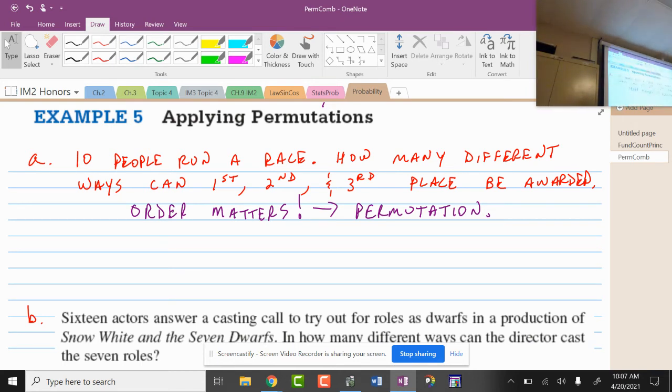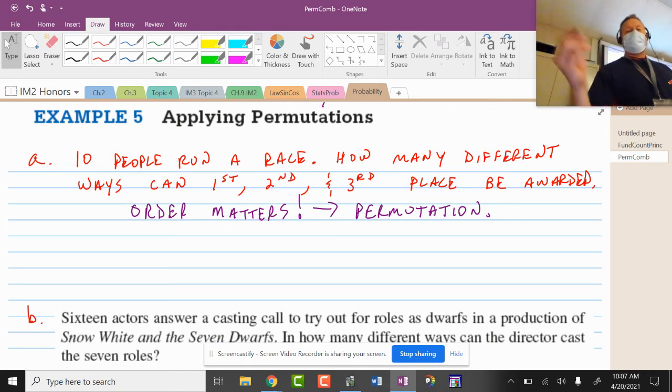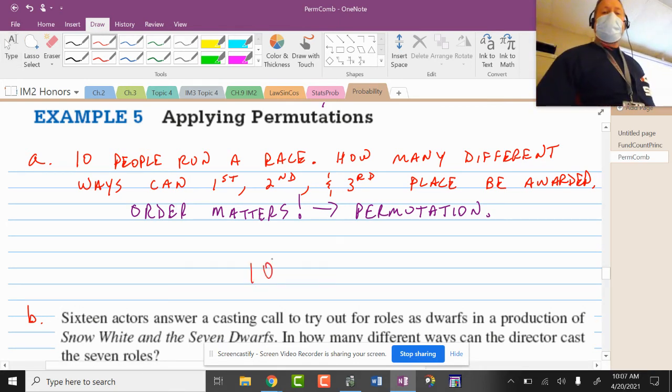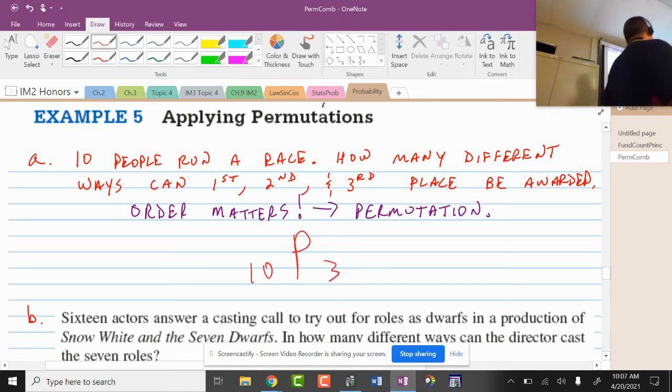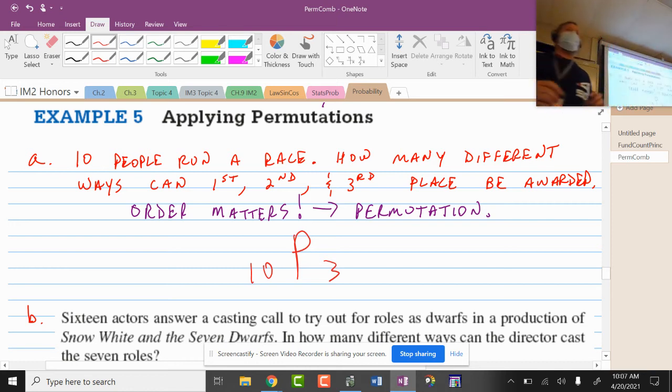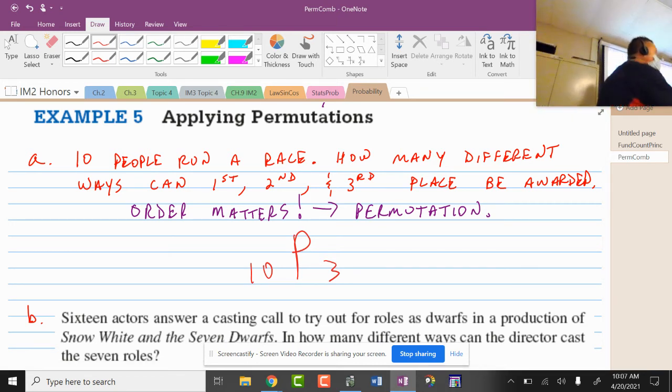Does it matter if you finish first, you second, you third, or you first, second, third, and so on? Because there are 6 different ways you can finish first, second, and third. All 6 of those matter because you get a different prize. You get the first prize or the third prize. So order matters. This is a 10P3. From 10 people, how many different ways can 3 people finish when order is important?